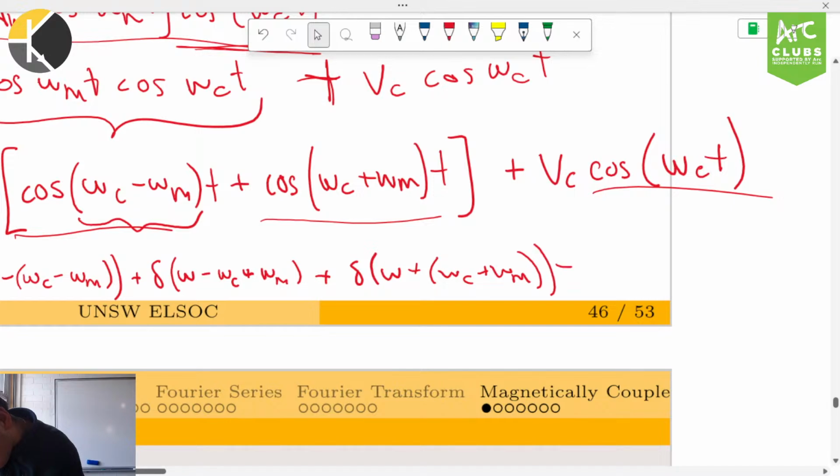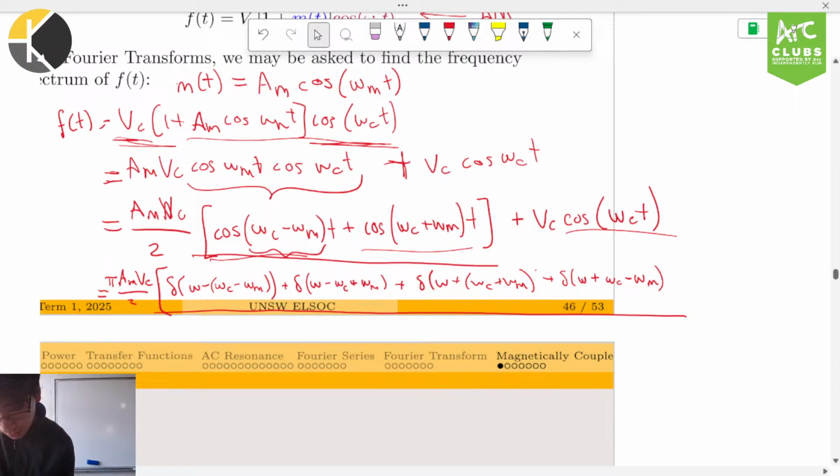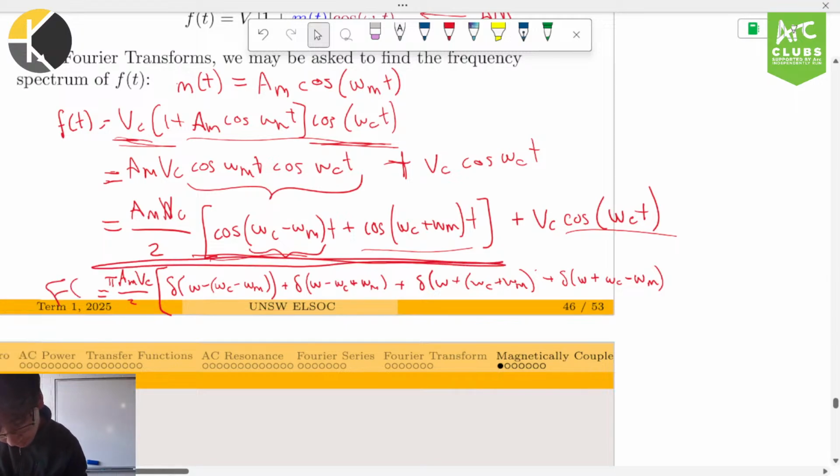We have delta omega plus omega c minus omega m. So that one there is this converted to the frequency domain, and now we just got to convert this.